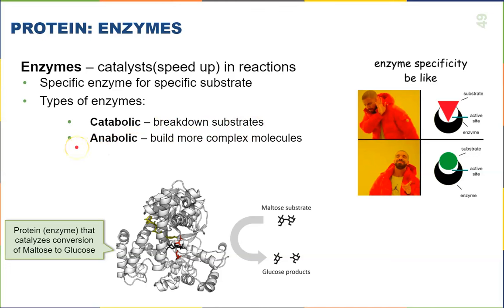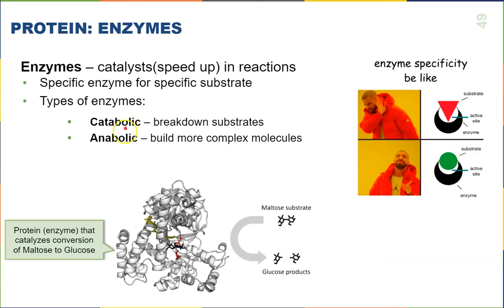If we're talking about an enzyme elsewhere in your body that's building protein, so let's say like in a muscle, that's an anabolic enzyme. So anabolic, I remember that one because it has an A, so it's like adding things together. So adding things, building things, that's an anabolic enzyme, okay?